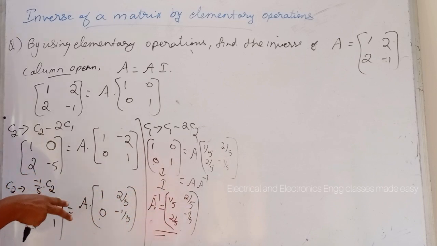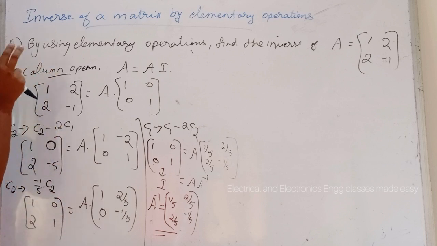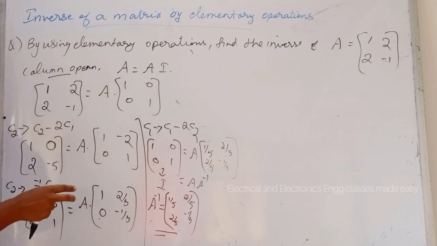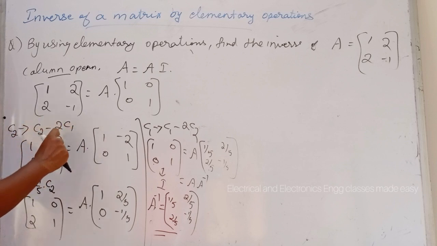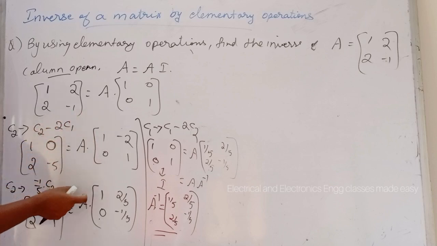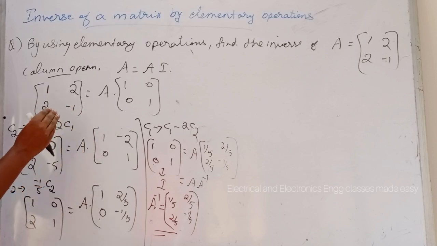So in this way we can do the elementary column operations. For the elementary column operation, first make the first column element 1, then column wise elements, that is the second column first element, then third column first element, we have to make 0.